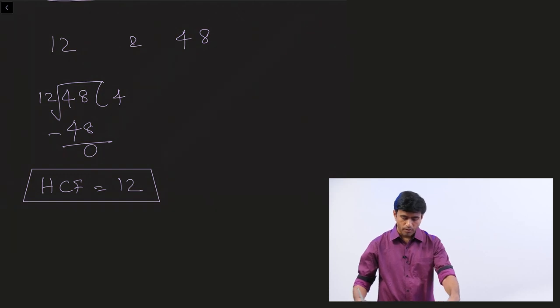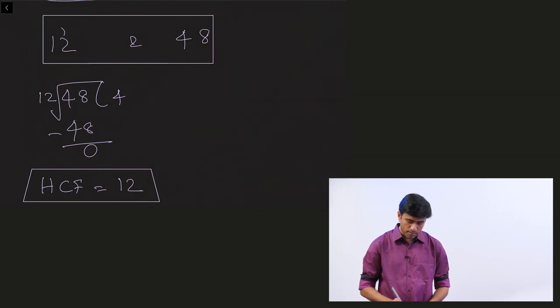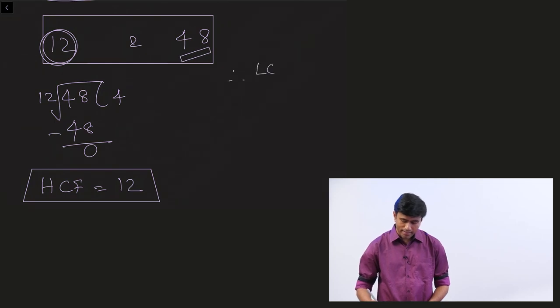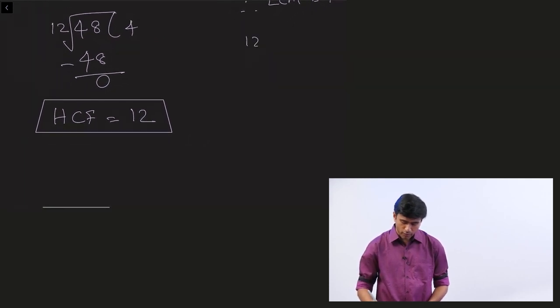So the property says if the HCF of two numbers is equal to one of the numbers, and we found that the HCF is 12, then LCM will be the other number. Let's see if LCM is 48. How do we find the LCM of 12 and 48?